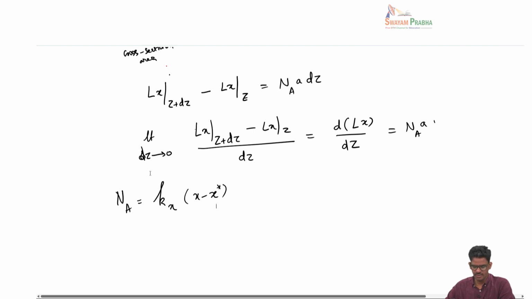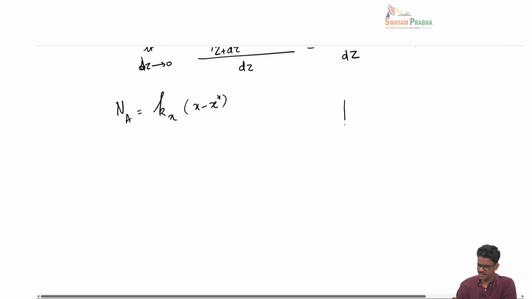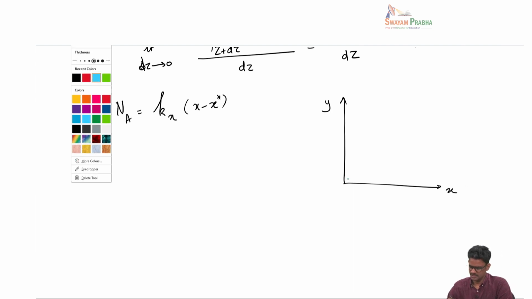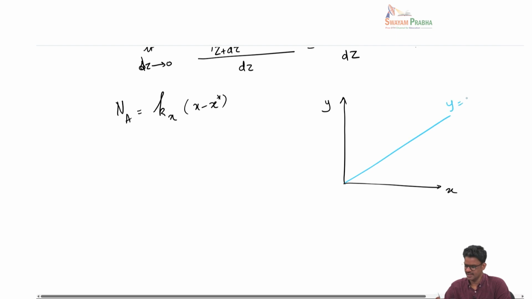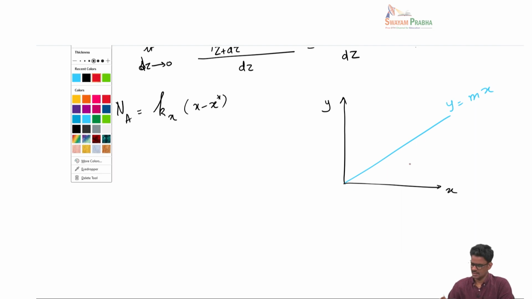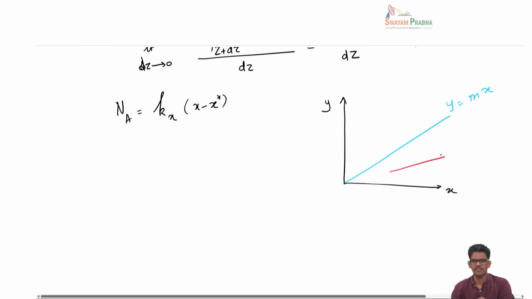So, why do I write this way? Because again, graphically, this is y, this is x. So, this is my equilibrium line, and the operating line for the stripping is like this, okay.